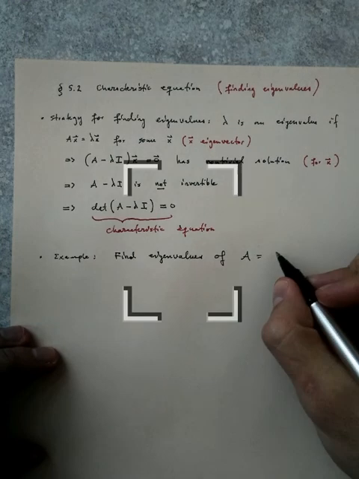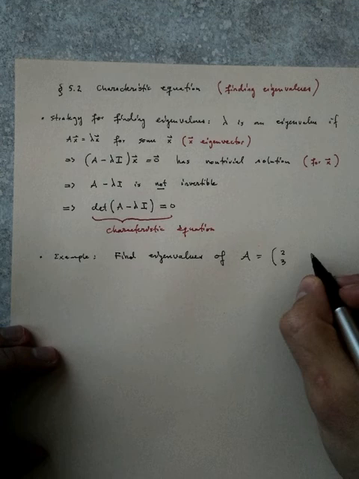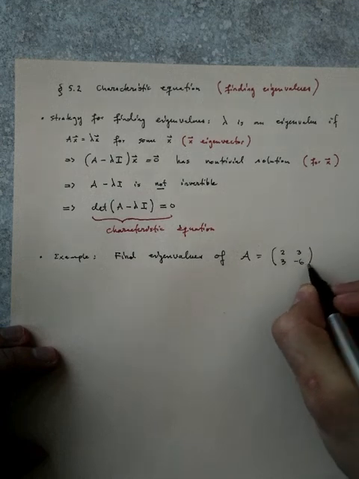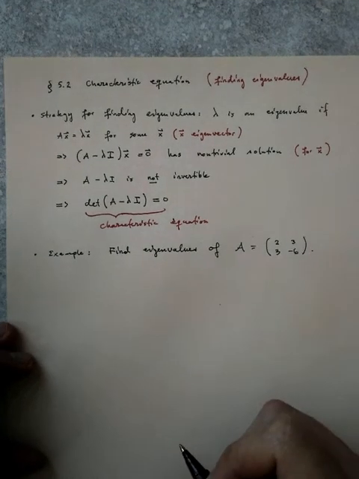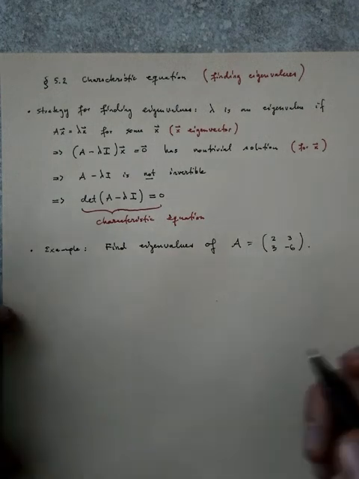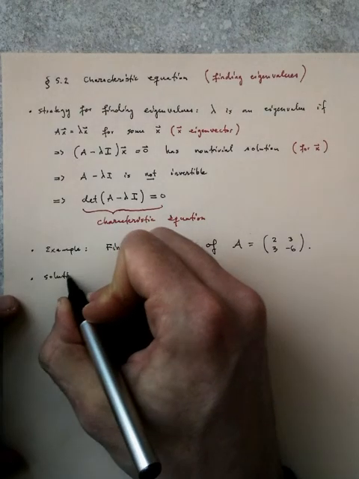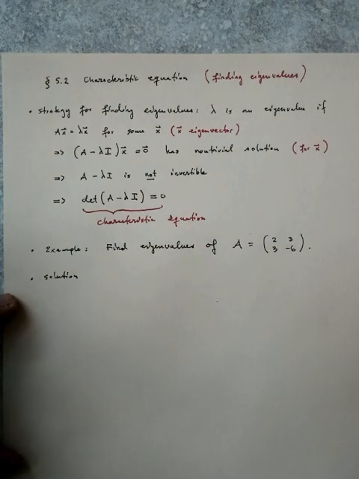A is equal to 2, 3, 3, negative 6. So the way that I'm going to do this is by writing down the characteristic equation.